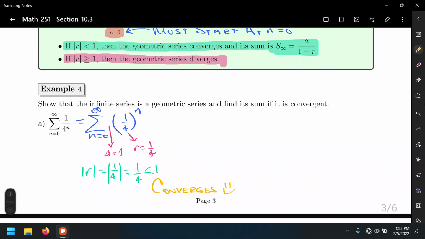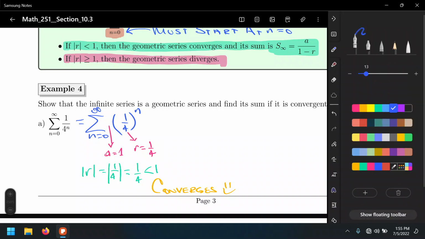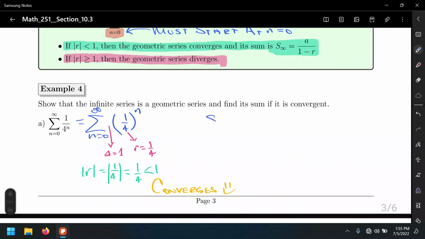And in the convergent case, it's possible to find that infinite sum. So find the infinite sum using the formula that we have in here, S with an infinity in the subscript. That's to denote that we are finding the infinite sum. We are not finding the sum of a finite number of terms, like the sum of the first 50 terms or the first 117 terms, like what you did in intermediate algebra, precalculus, or college algebra.